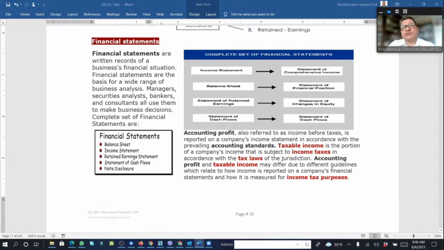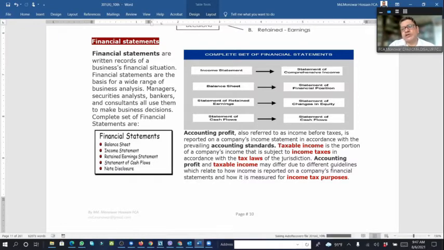And the statement of retained earnings, previously named that way, has changed to a statement of changes in equity. And also we have the statement of cash flows, governed by accounting standard IAS 7. Within a statement of cash flows, there are 3 items: operating activities, investing activities, and financing activities.